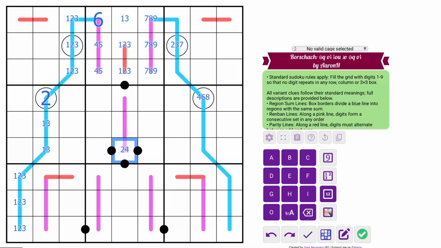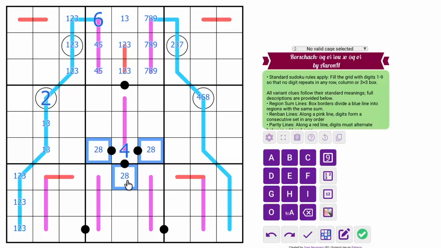And this center cell ends up with either 2 or 4 in it, and that's the same no matter which direction you go in. But we've got the 2 in these cells looking down at it, so that must be a 4. It is then surrounded with 2 and 8 as being the other option, but we have the 8 here, making that definitely a 2, and the 2 here, making that definitely an 8. So we get that sorted out there.